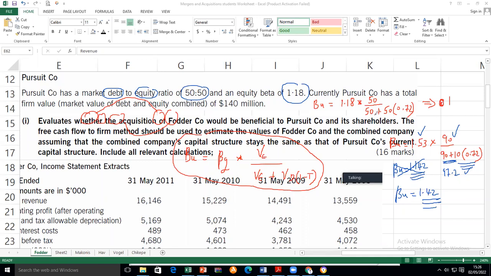That's the way to do it, not 50 plus 50 multiplied by 0.72. 50 multiplied by 0.72, you add it to 50. That's what you do. It's 0.69. True. Good.